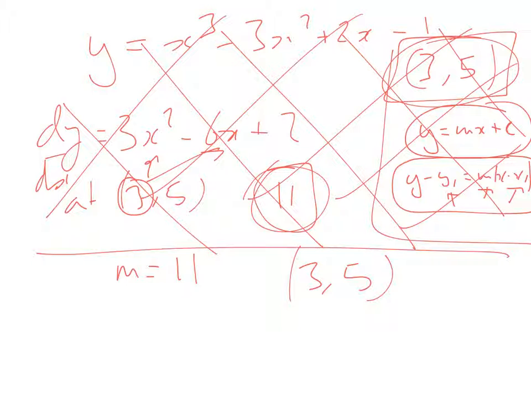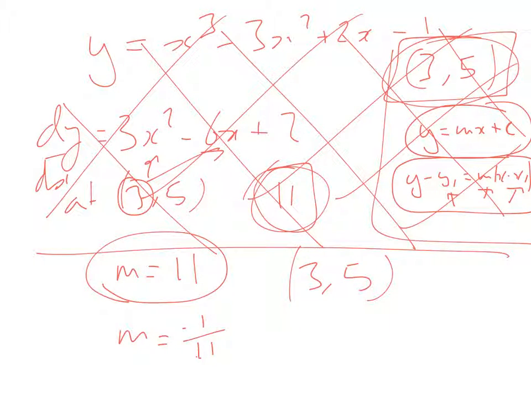It's all about using the techniques that you have for finding the equation of a line if you know the gradient and you know a point that it goes through. So that's that. If this question had asked us to find the equation of the normal to the curve, well, we know that the gradient of the tangent is 11. We know the normal is perpendicular to the tangent, so the gradient of the normal is minus 1/11, and we'd work from there.